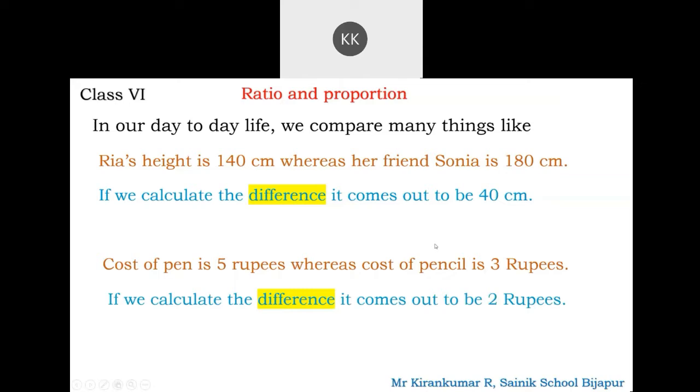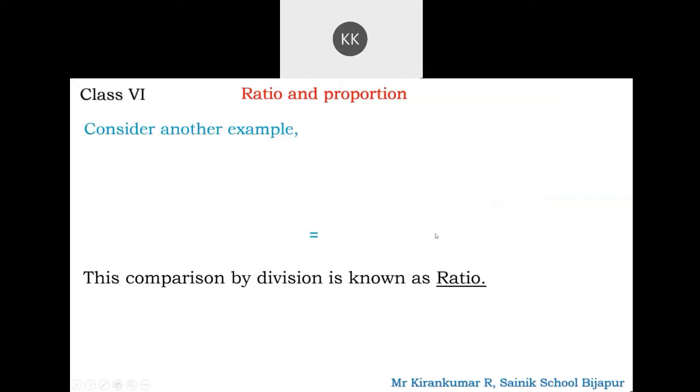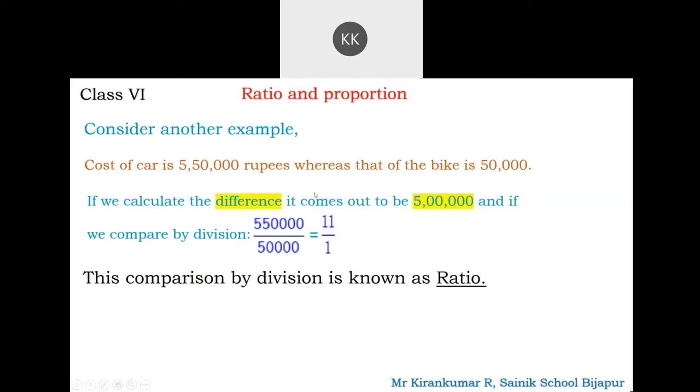This is a way of comparison. Another example: the cost of a car is 5,50,000 rupees, whereas that of the bike is 50,000. When we find the difference, it comes out to be 5 lakh.